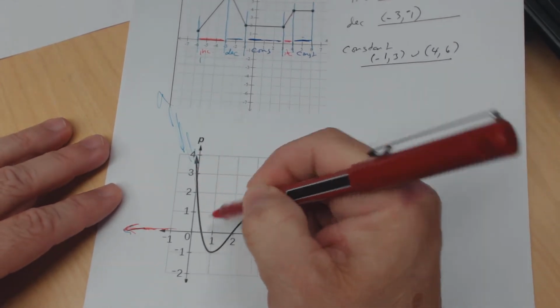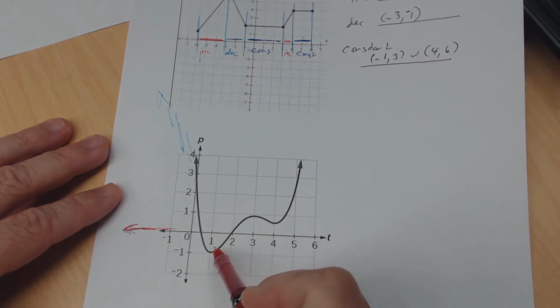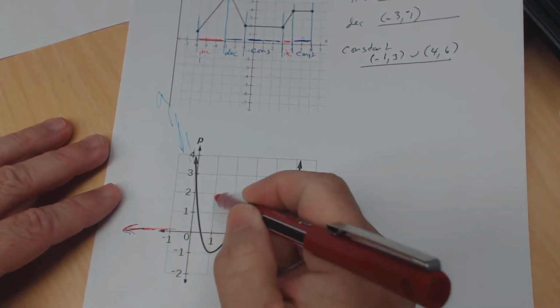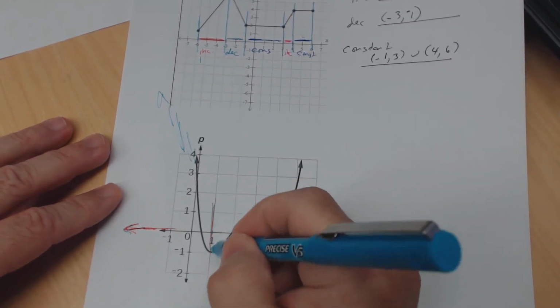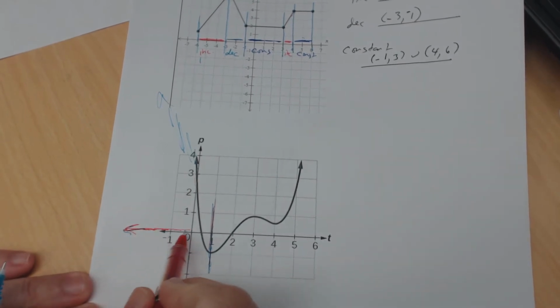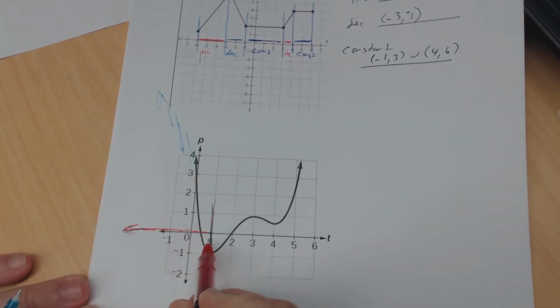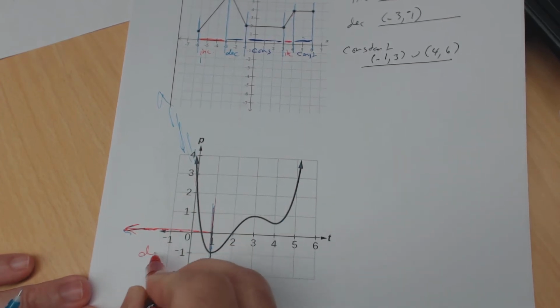Your y values are decreasing, getting smaller, smaller, smaller. Then all of a sudden they start increasing. So that's where it changes, right here. So from -infinity to this x value, your function is decreasing.